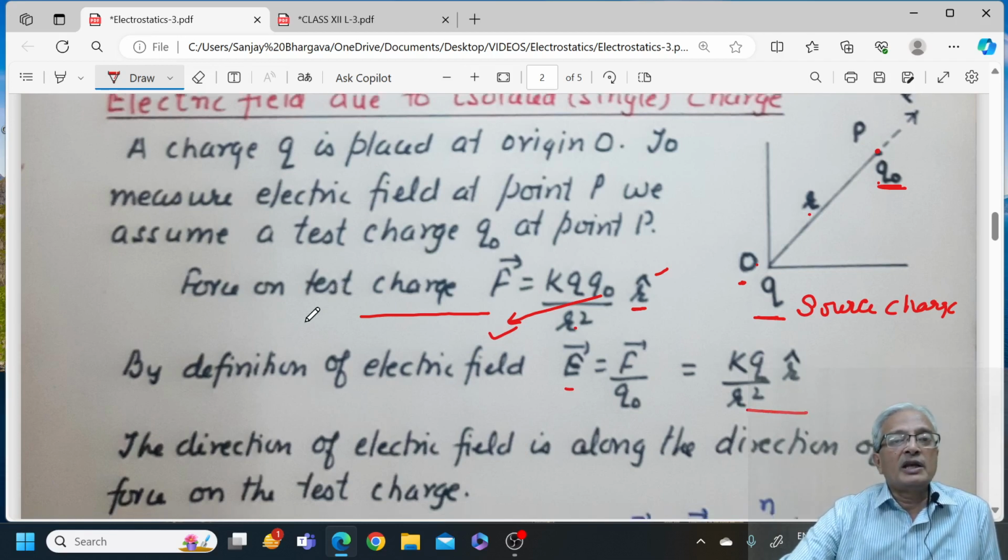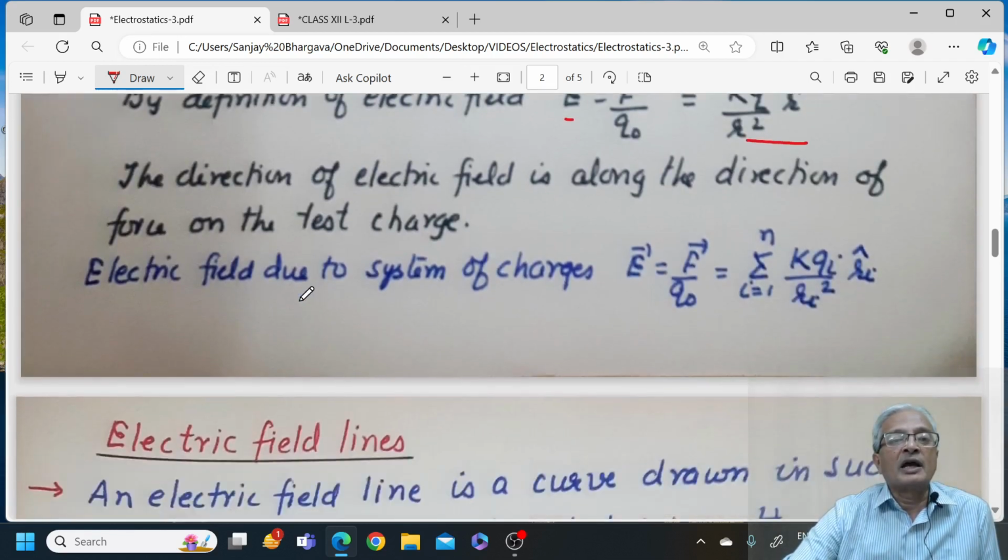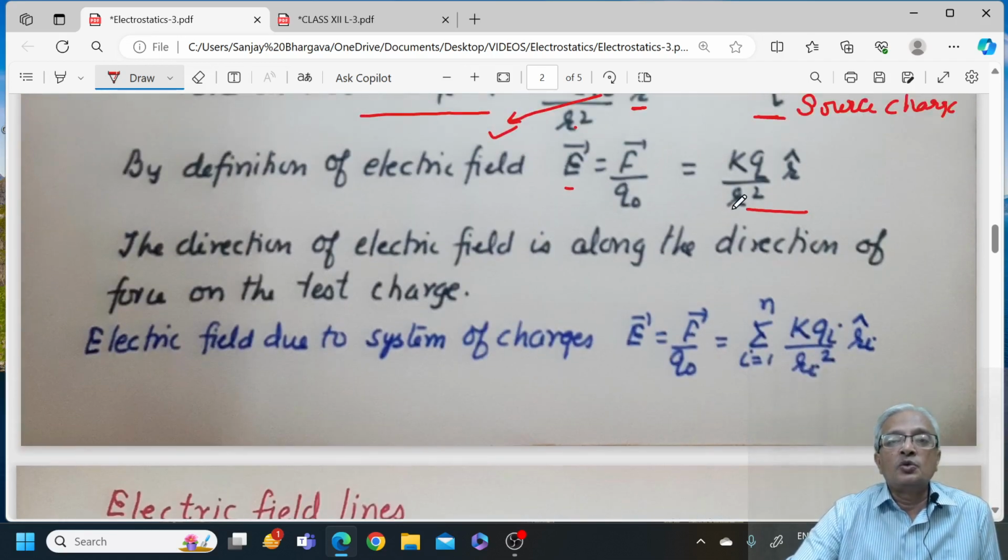The direction of the electric field would be the same as the direction of the force on the test charge, that is radially outward. So the electric field would be equal to kQ upon r squared, while for a system of charges it was the summation, i equal to 1 to n, of k q_i upon r_i squared r_i cap.